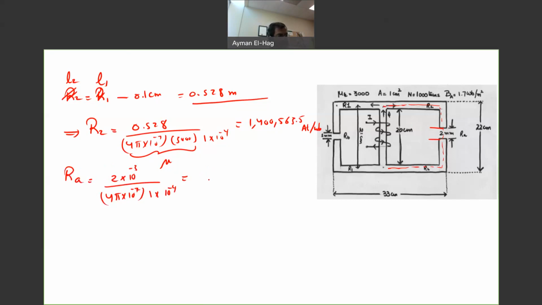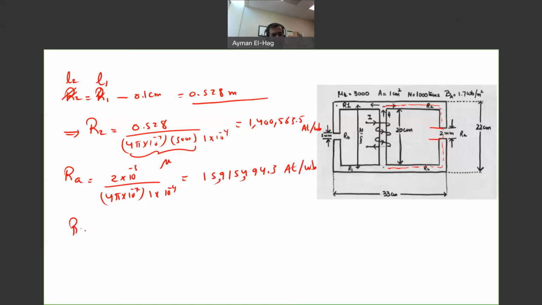Your RA is equal to 1,591,549.43 ampere turn per Weber.